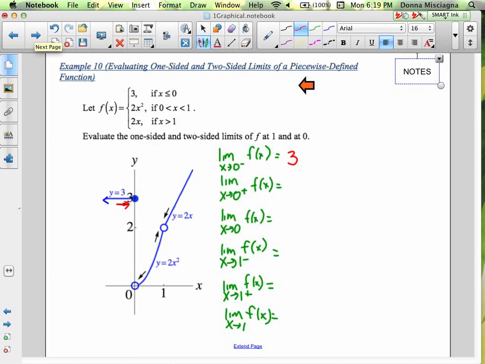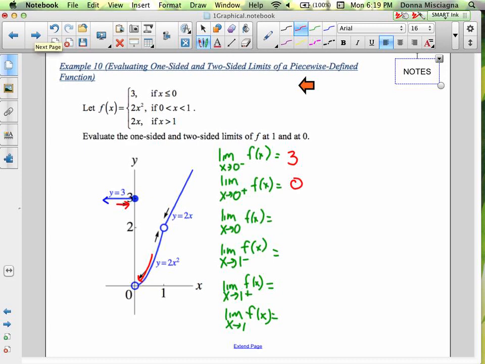If we come from the right, we're no longer approaching 3. So we have what's called a jump discontinuity. There's a big break in our graph. And so if we come from the right-hand side, the limit of f of x as x approaches 0 from the right-hand side, that's 0.